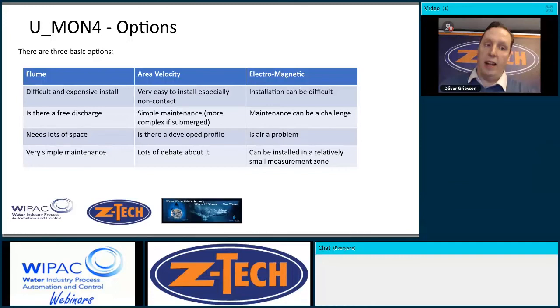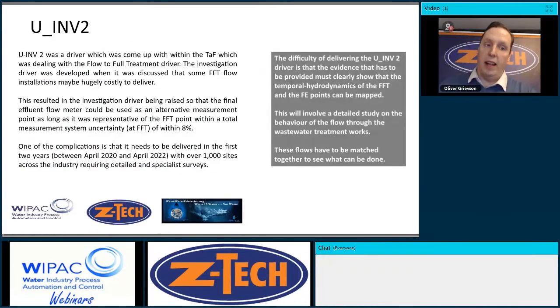UMON 4, flow to full treatment driver. What's expected here is that we measure the pass forward flow virtually immediately downstream of the storm split. Fine where you've got it already installed, but there are some works that are so small that you won't necessarily be able to.